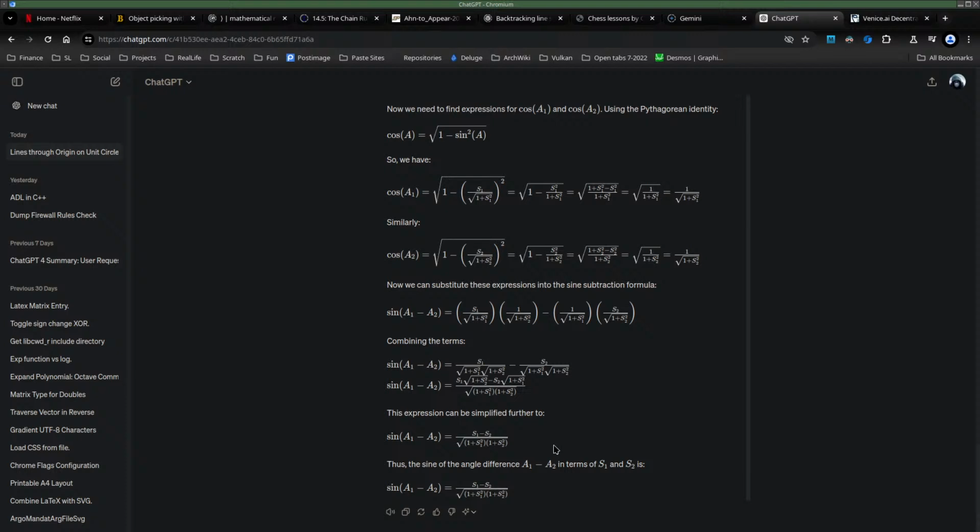Combining these terms, s1 divided by that minus s2 divided by that, or, okay, what?